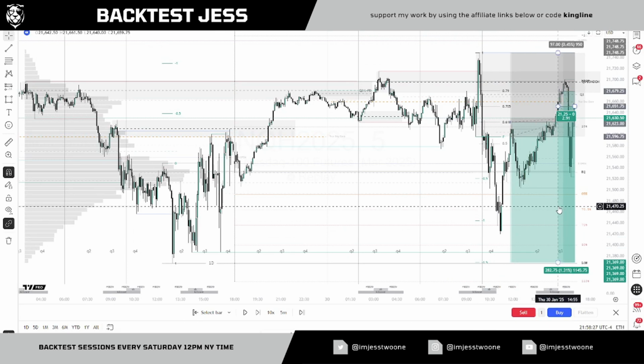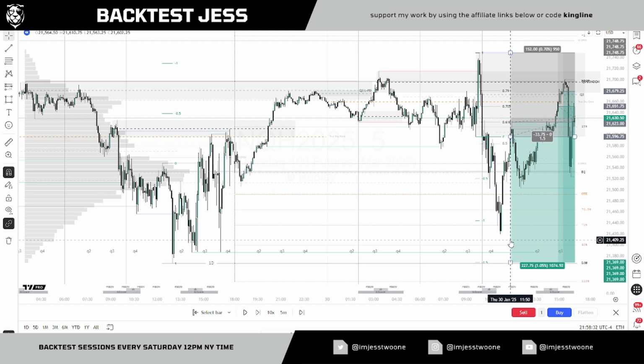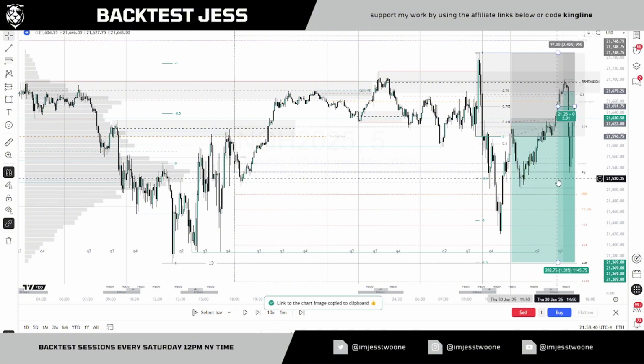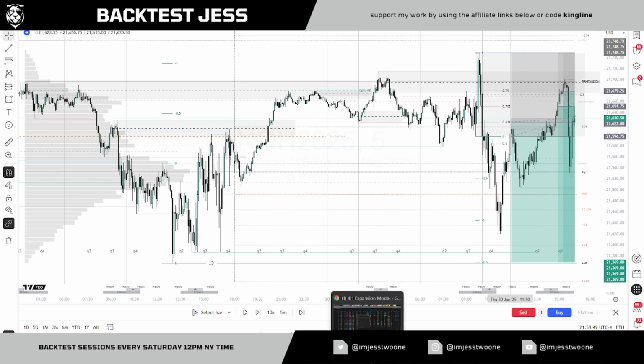Third and fourth entry happening at... Oh, I need a marker. I always forget. Third entry happening at 1455. Last entry happening at 1520.